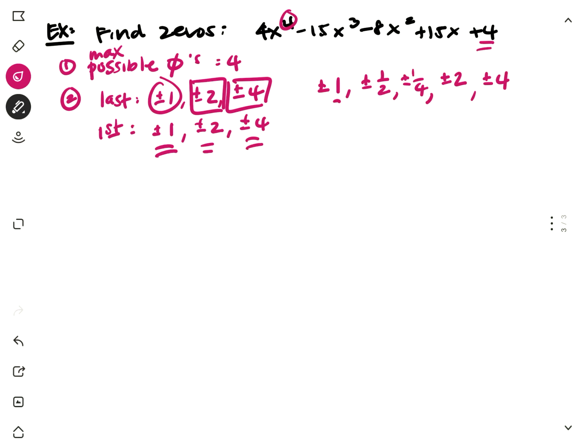So of these, we're going to go ahead and graph and check. All right, so we're going to go back to Desmos.